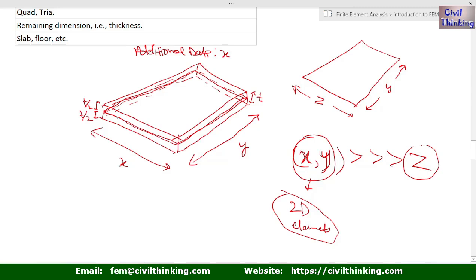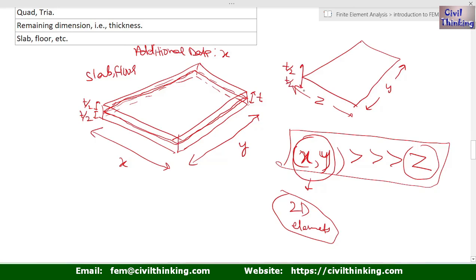As I have told you, we can use this in, for example, a slab or a floor, wherever you see the condition where two dimensions are more than the third dimension. We use 2D elements, and the thickness is distributed half to the top and half to the bottom.